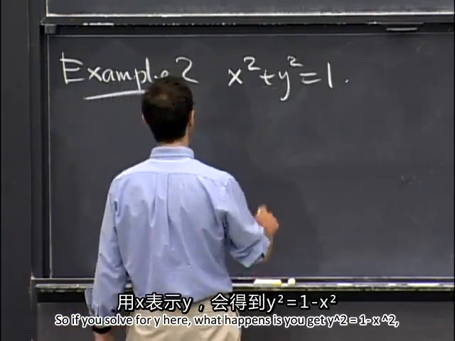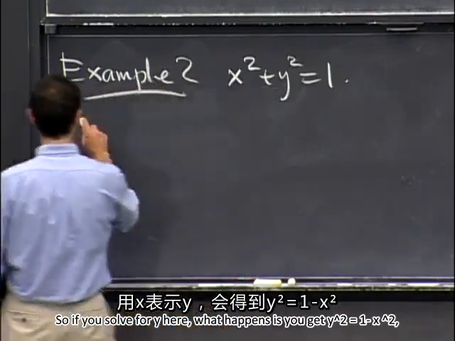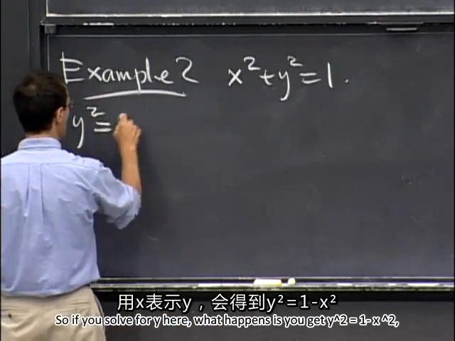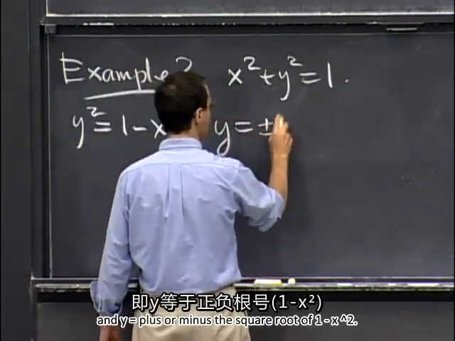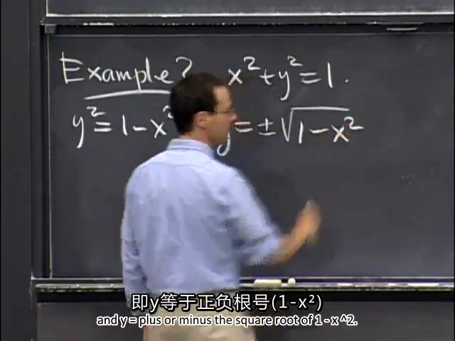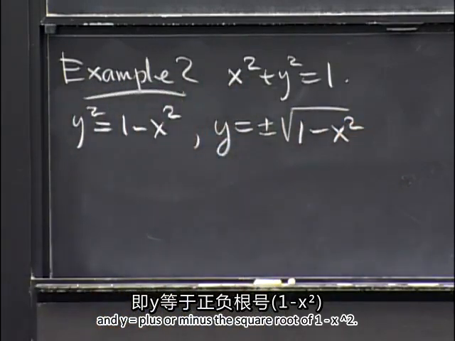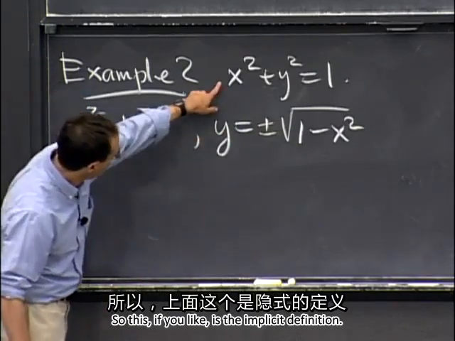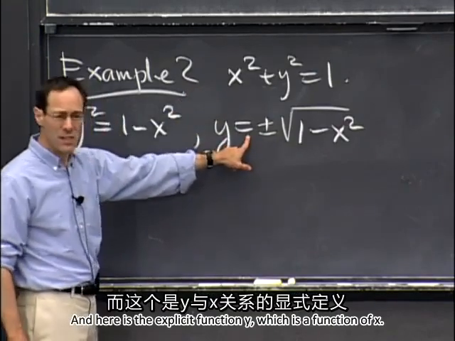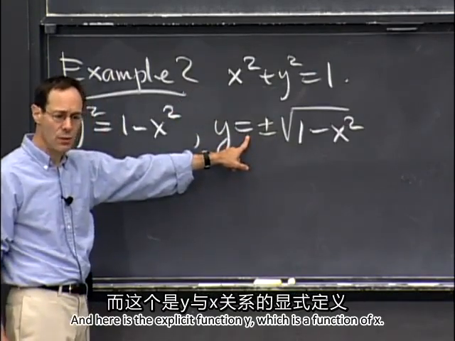If you solve for y here, you get y squared is equal to 1 minus x squared, and y is equal to plus or minus the square root of 1 minus x squared. So this, if you like, is the implicit definition, and here is the explicit function y as a function of x.